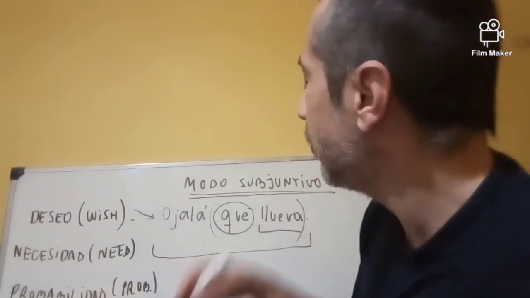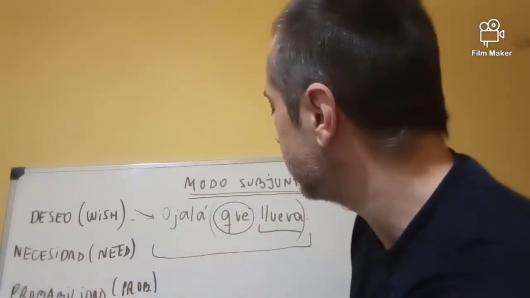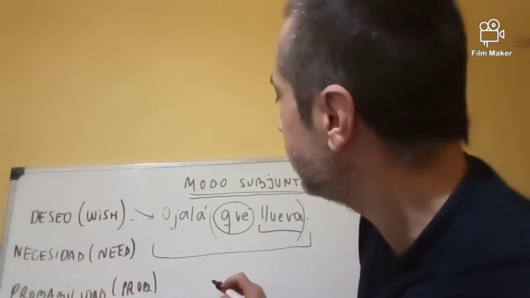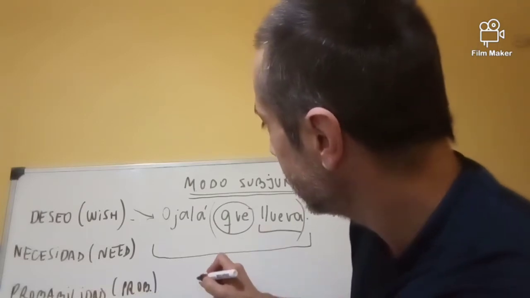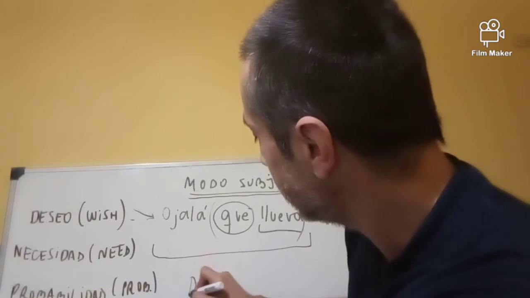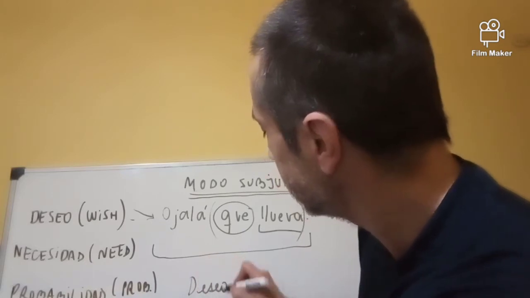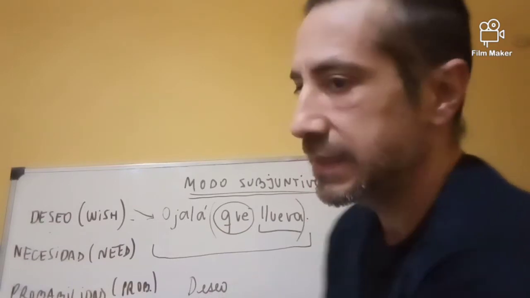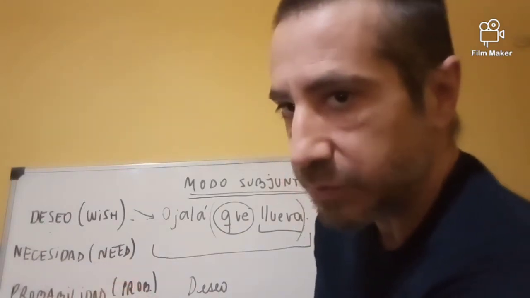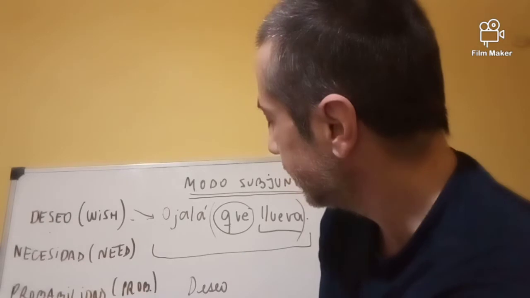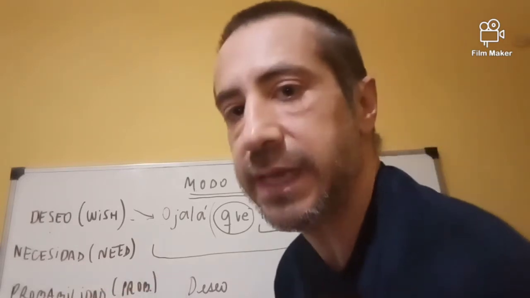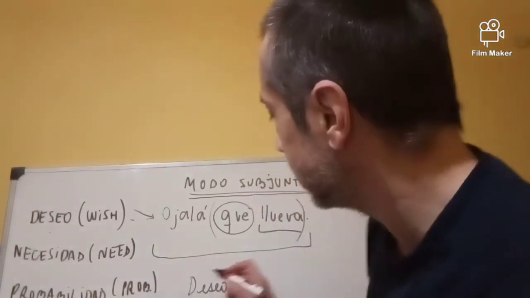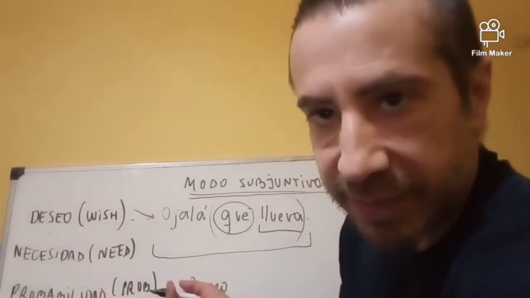Ojalá que no llueva, or for example, another example, deseo. Well, let's use this word. Deseo is a noun, and deseo is the form that the verb takes for the first singular person in the present. Deseo means I wish.